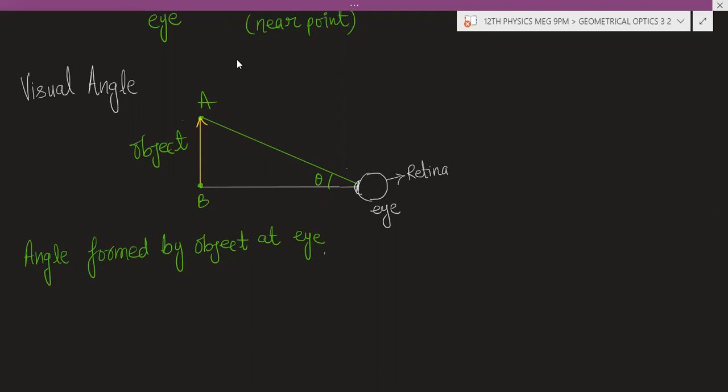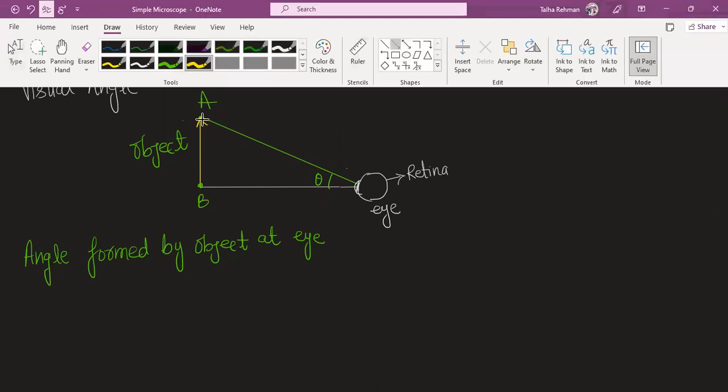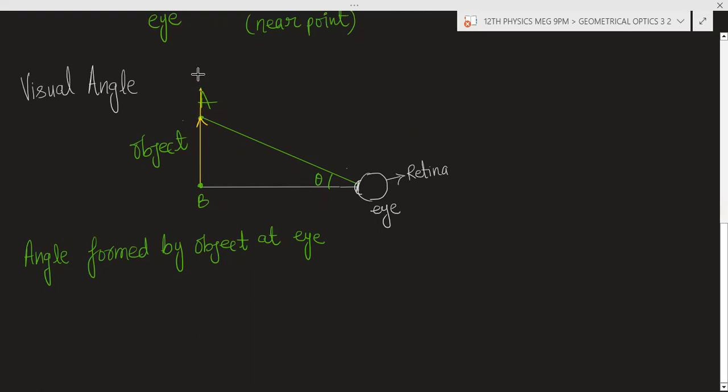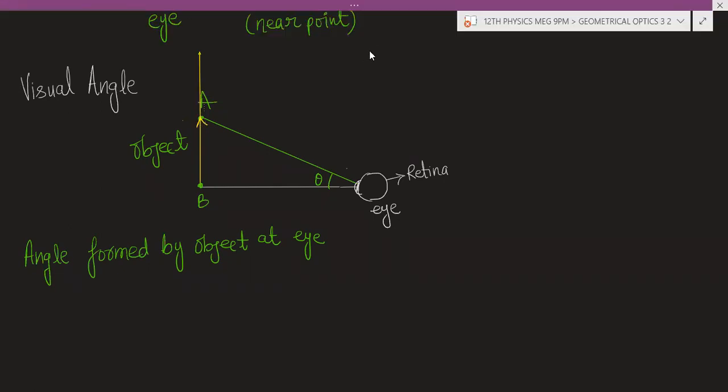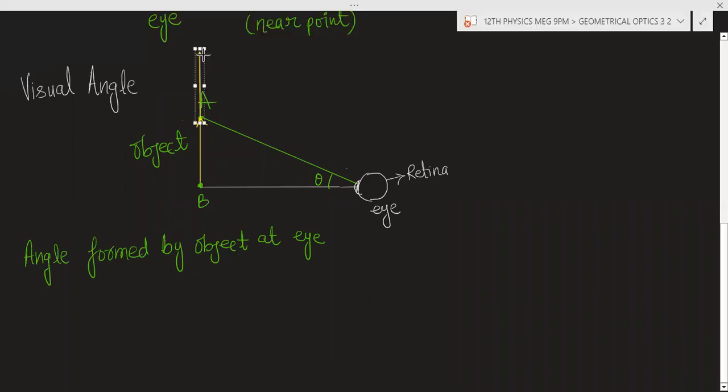Suppose I am increasing the height of the object like this. You can see here the height of the object is increased, and with respect to this height, the visual angle at the eye will be this. Obviously this angle will be greater than the previous angle.